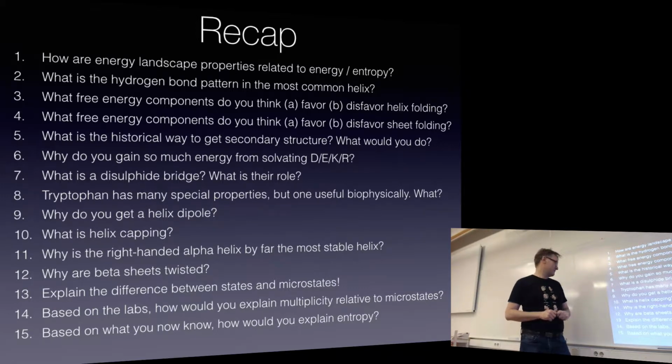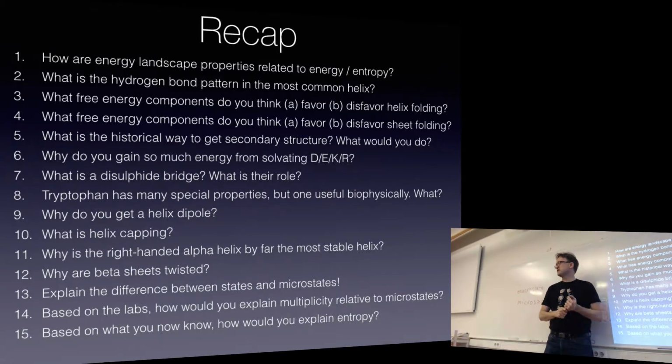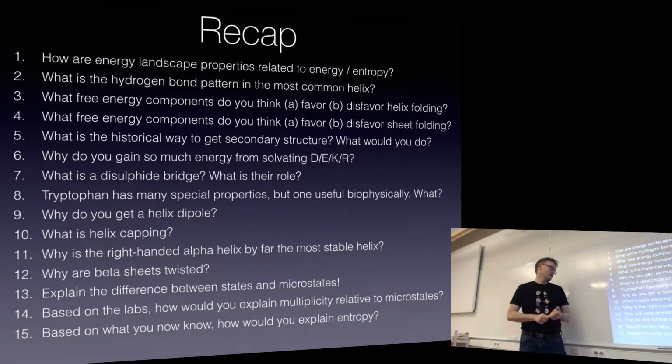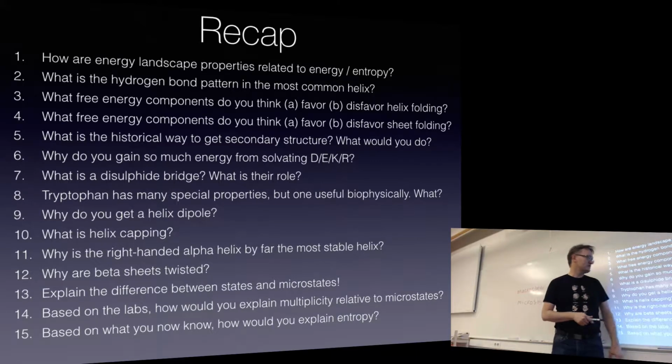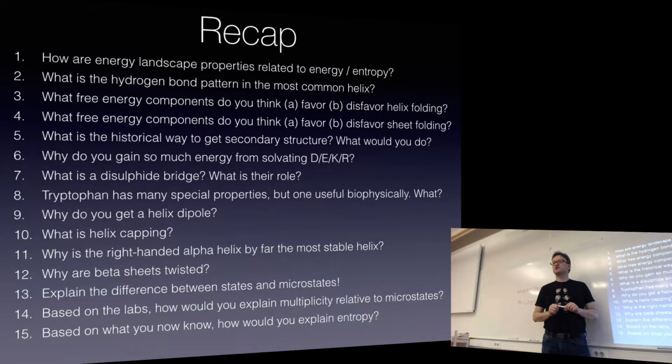Yes. So based on these labs, how would you explain multiplicity relative to microstates? It's very close to what I just said. By the way, state refers to macrostate. Normally you would say it, it's very common. The reason for this is that when we talk about things as a state variable, pressure or free energy or something, you frequently talk about states without doing statistical mechanics.